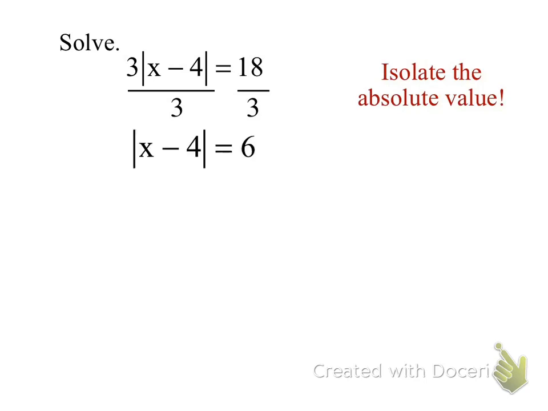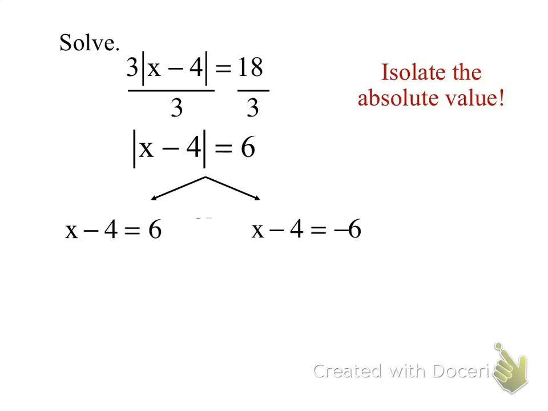You guys finish it up. What would we do next? Someone I haven't heard from, please. Urani. You have to branch it out into two equations with negative or positive. Okay, and so what's it going to look like? X minus 4 equals 6 and x minus 4 equals negative 6. Okay, and the solutions we got, Journey?